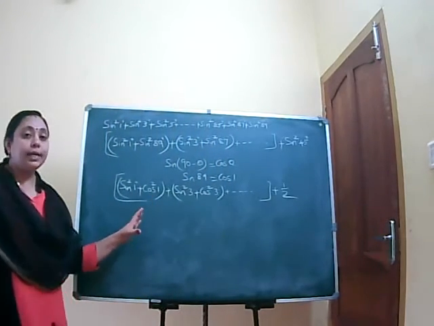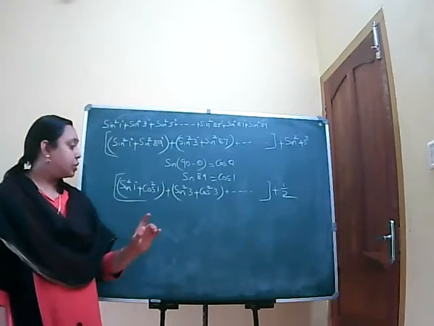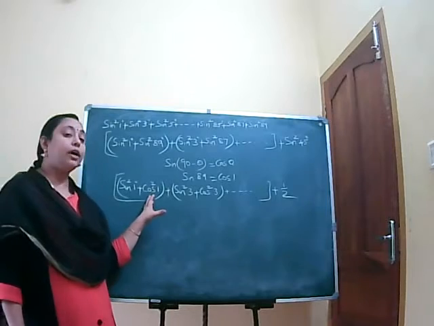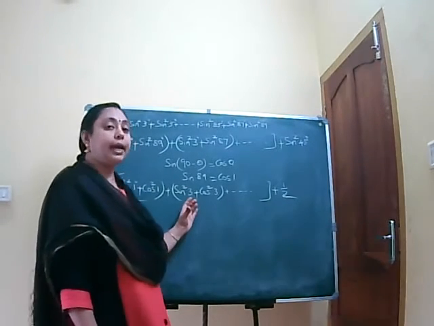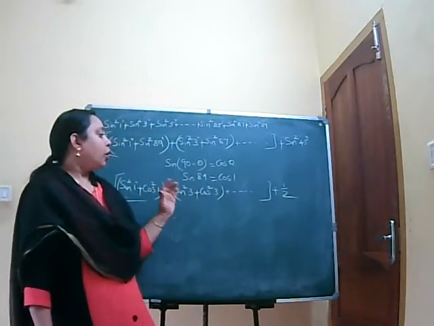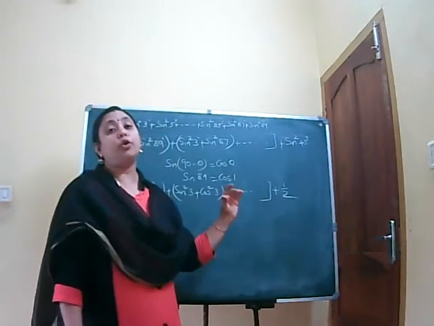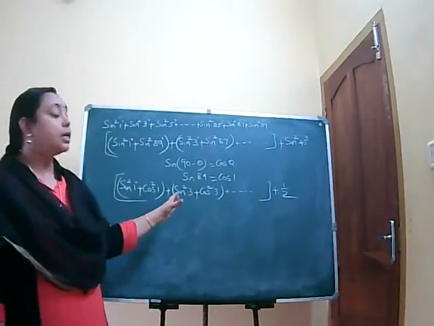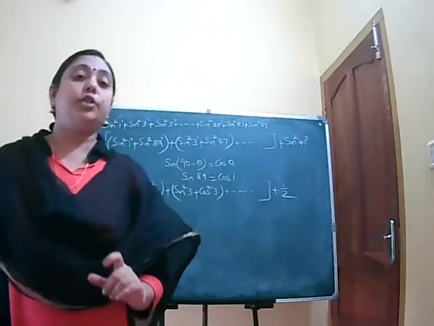Now we know that sine square theta plus cos square theta is 1. So sine square 1 plus cos square 1 is 1. Similarly, sine square 3 plus cos square 3 is 1. So here we get 22 ones, since the number of pairs in this expression is 22.